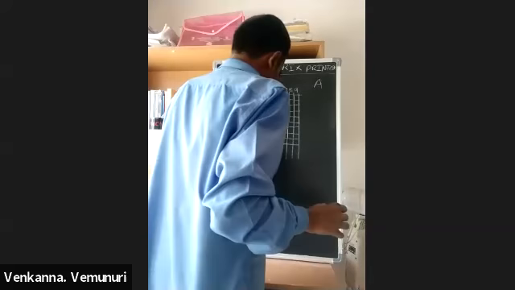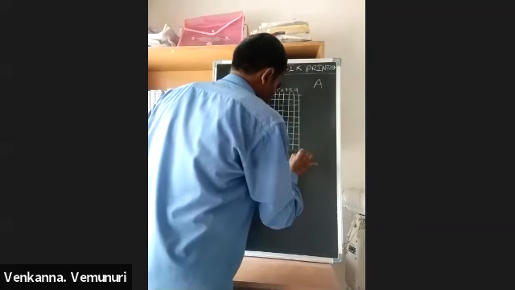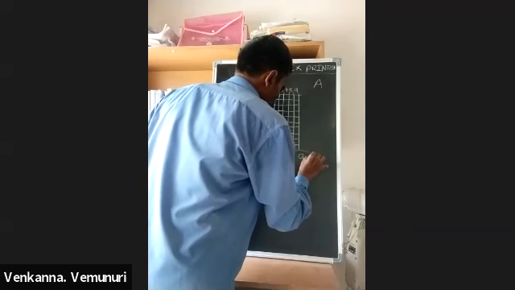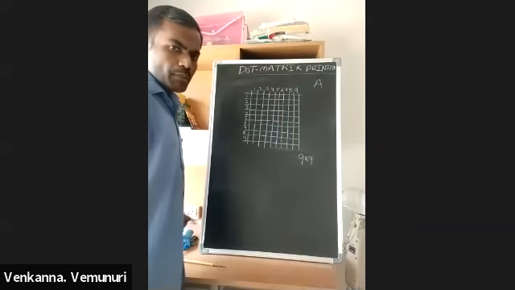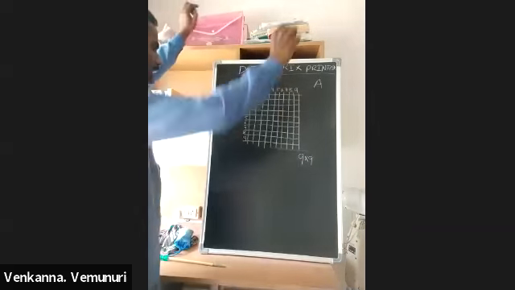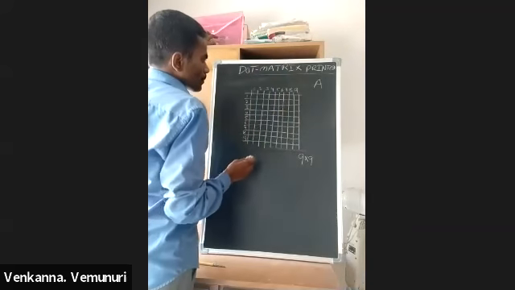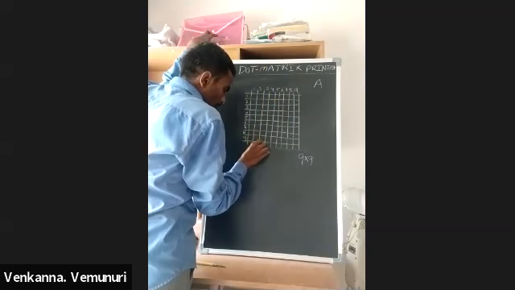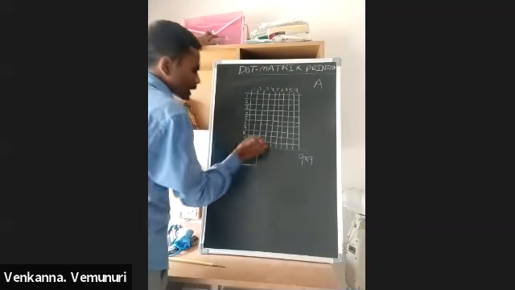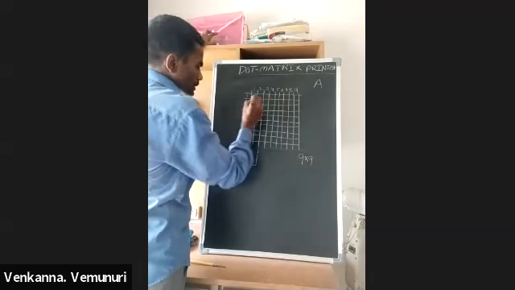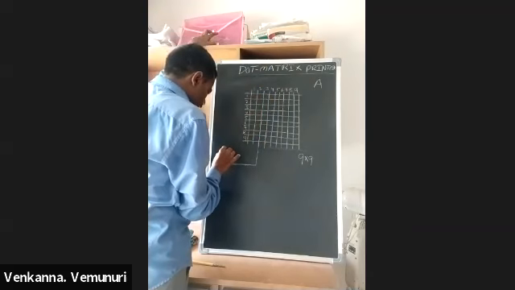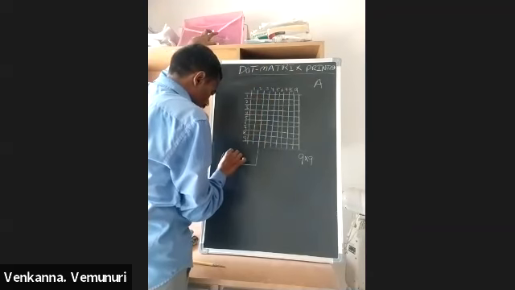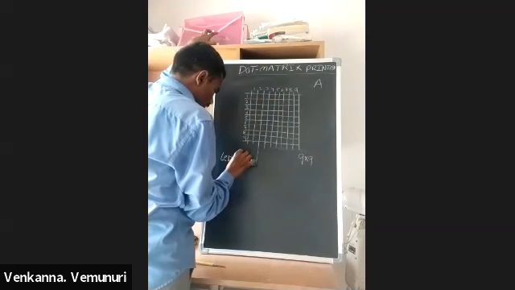This is the 9 by 9 matrix. Virtually, it is creating one 9 by 9 matrix. In this matrix, it is taking the left side 2 columns for the left margin.